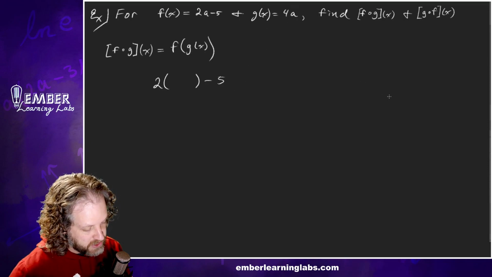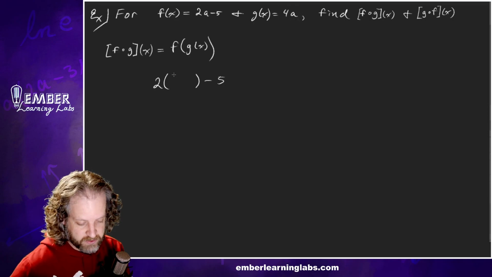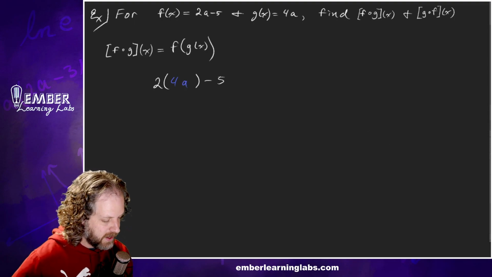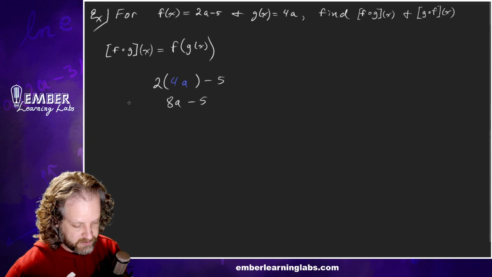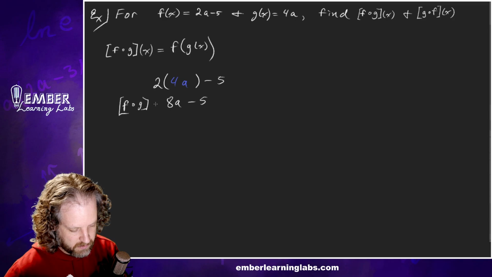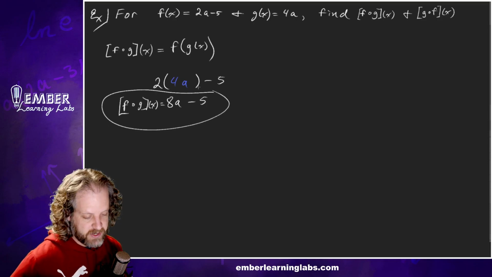So we're going to take g of x, which is 4a, and put it inside of there. Now we just need to clean the thing up, right? So 2 times 4a is 8a, and then bring down the minus 5. So f of g of x equals that. Easy peasy lemon squeezy.